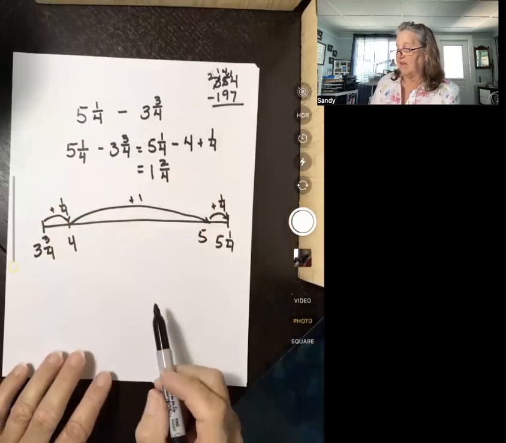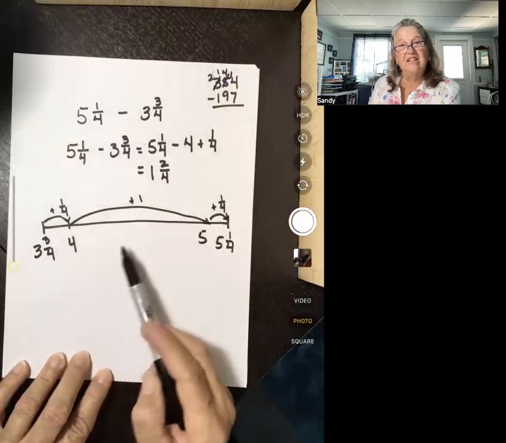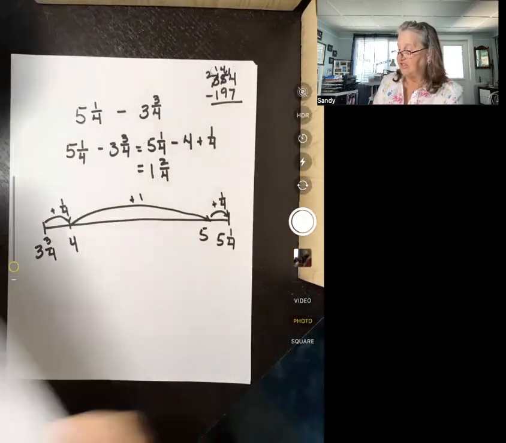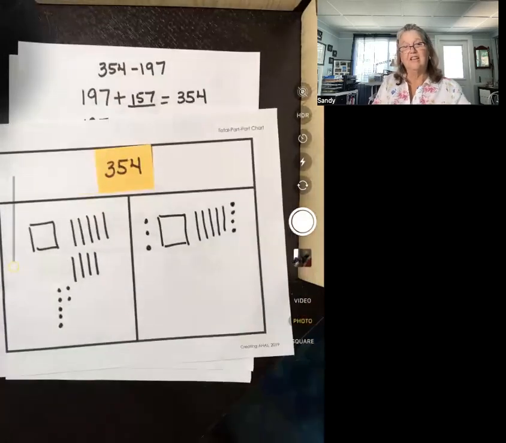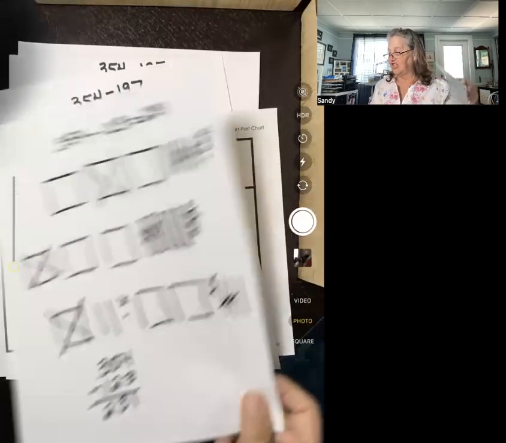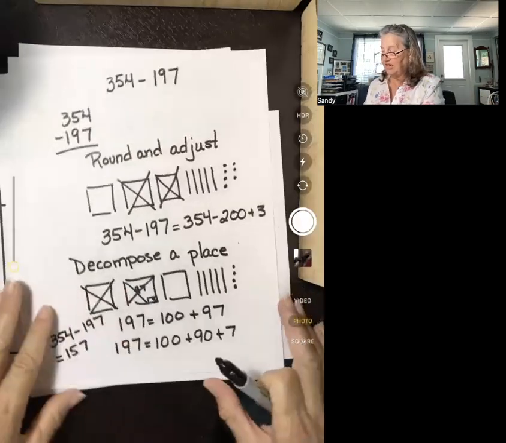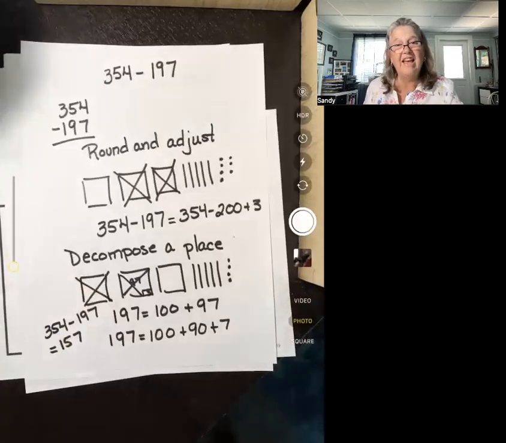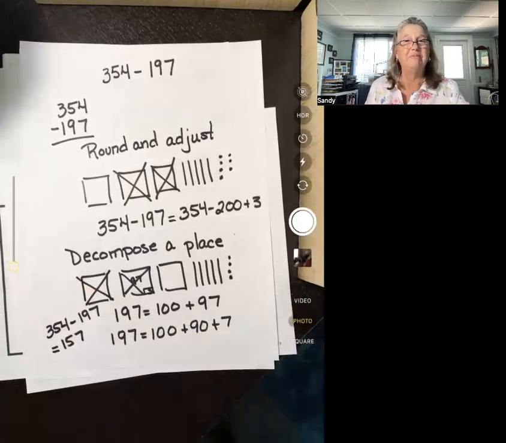You see, this strategy doesn't get me here as easily, but knowing how to do it here and here and here, and doing this round and adjust as we get to more and more efficient problems, decomposing a whole in that case with fractions will get us to what we need for mixed number addition, subtraction, and these strategies will also work for decimal.